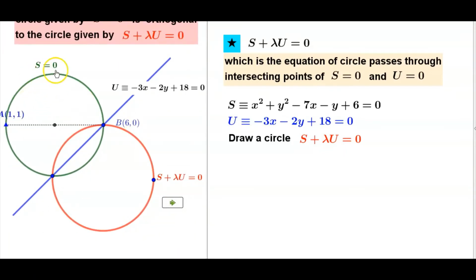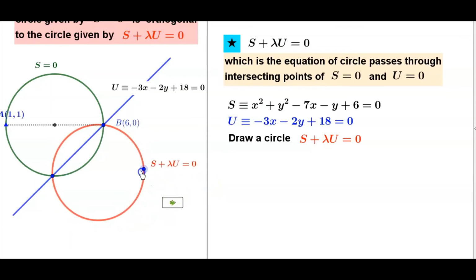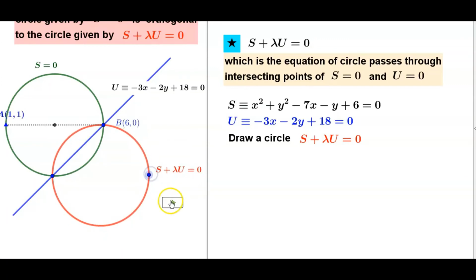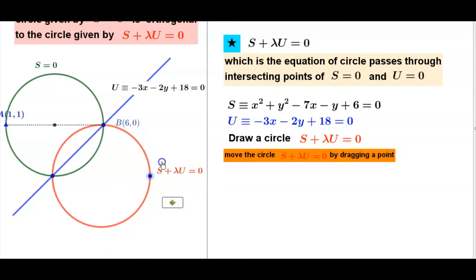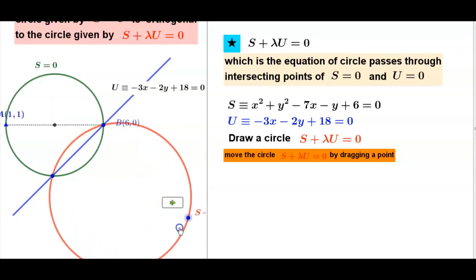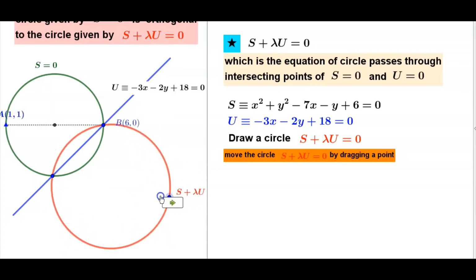This is S is equal to 0. This is u is equal to 0. Therefore, this red circle is S plus lambda u is equal to 0. For different values of lambda, we get different equations of the circle. Now I move this circle. Different values of lambda give different equations, but whenever I move this circle, 2 points stay fixed on it.